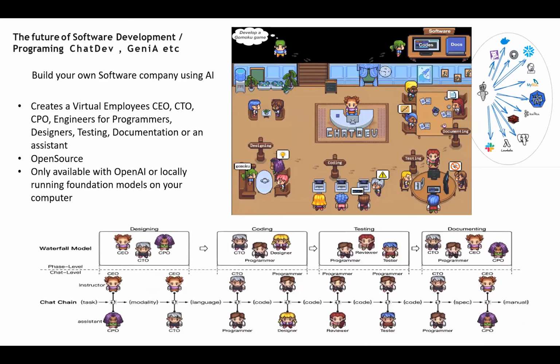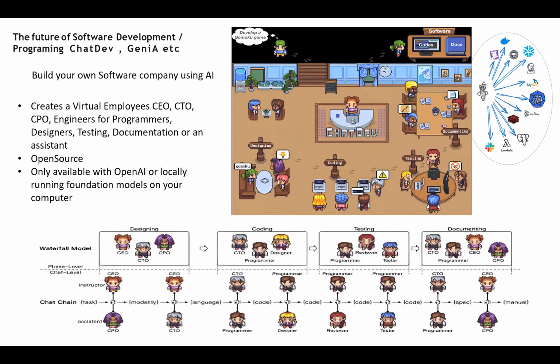If we talk about the future of software development, there is a revolution coming, and there are different frameworks available for it, like ChatDev or Genia. You can have virtual employees for that. You don't need to hire humans for it. Those virtual employees will be doing all the work for you, and there will even be different departments who will be doing all the tasks which humans are currently doing.